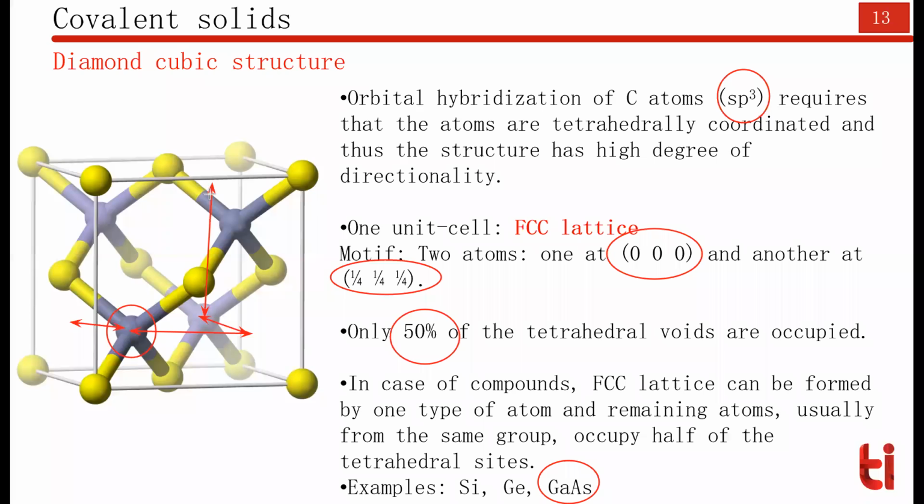And we are on the back face, and now I am moving to the left face, you see it is occupied. So out of the four, always the alternate two are occupied in every direction.